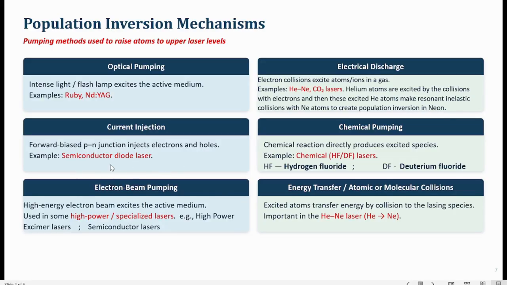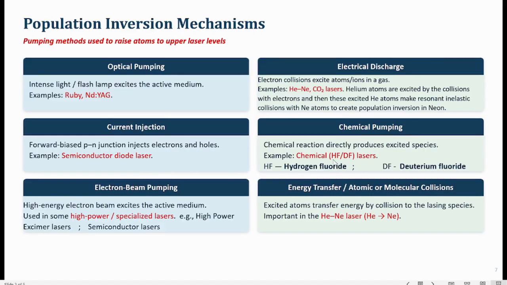Similarly, in case of semiconductor diode lasers such as gallium arsenide diode laser or indium phosphide diode laser, a forward biased PN junction injects electrons and holes, and these injected electrons and holes then recombine, and the loss of energy is produced as photons. So in this case, current injection is used as a mechanism for population inversion creation.